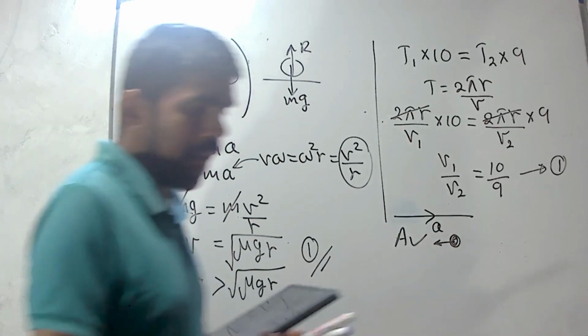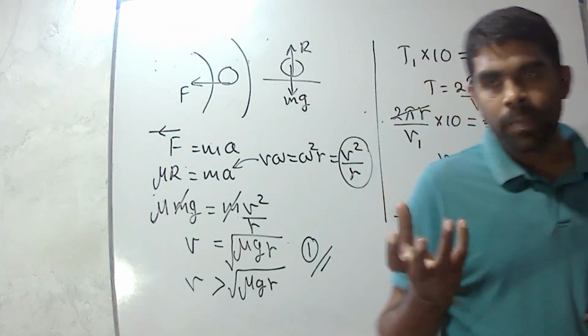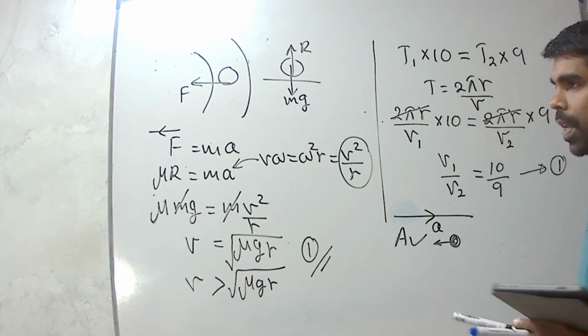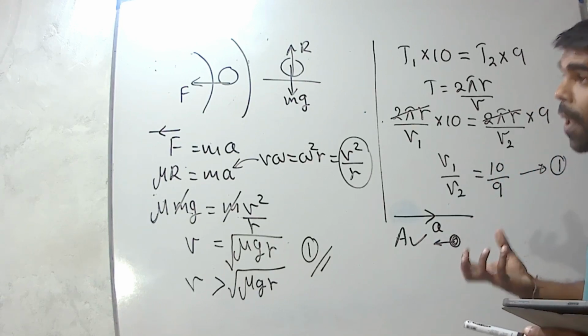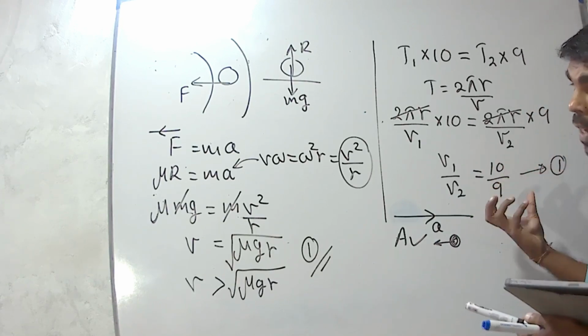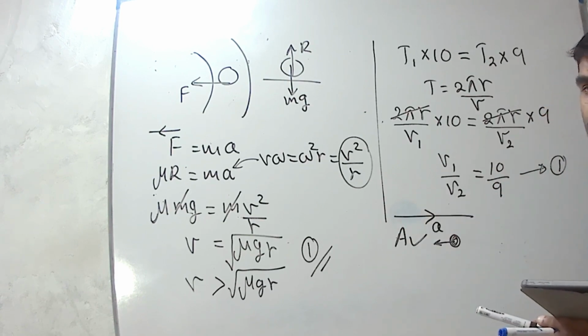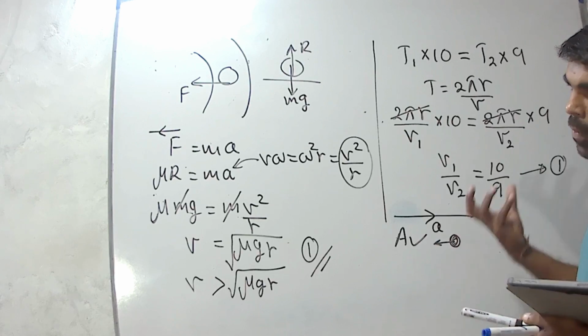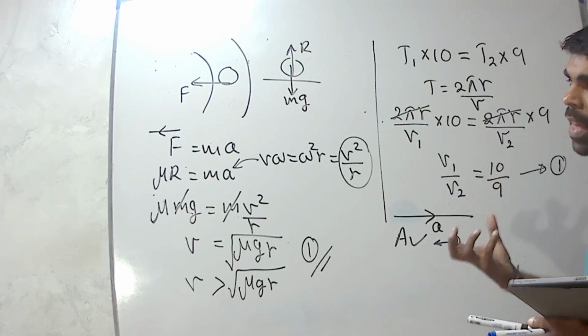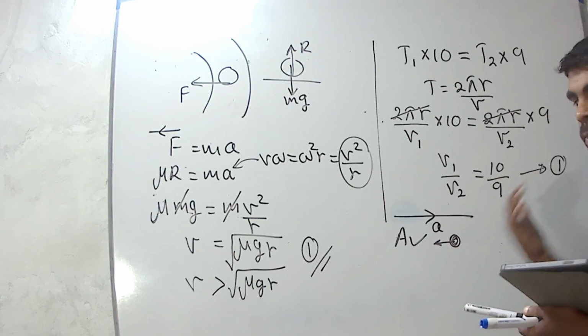We have to remember that for an object, if the density of the object is greater than the outer medium, it will move against the acceleration. If the density of the object is less than the outer medium, it will move towards the acceleration.